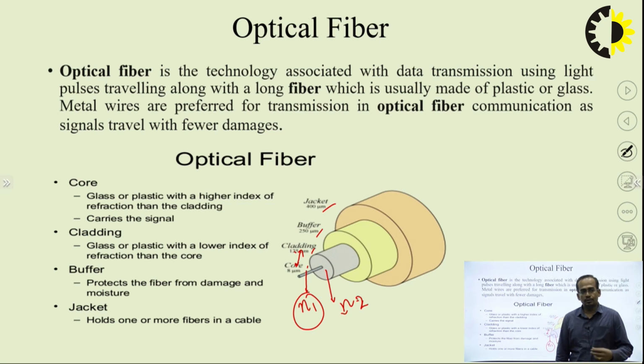Buffer is used to protect the fiber from damage and moisture, and the jacket holds one or more fibers in a cable. Otherwise the buffer is sufficient for protection of the optical fiber. So this is the structure of the optical fiber.